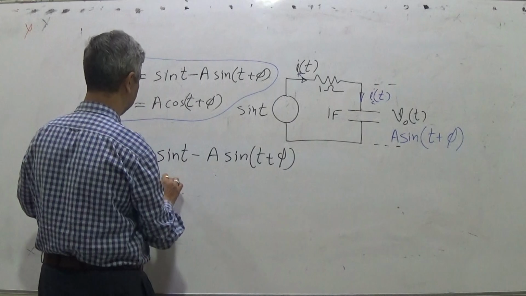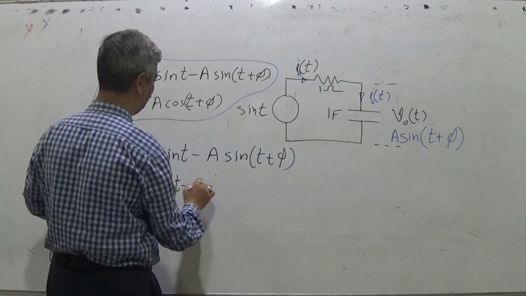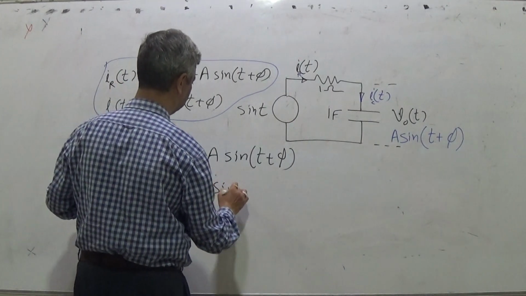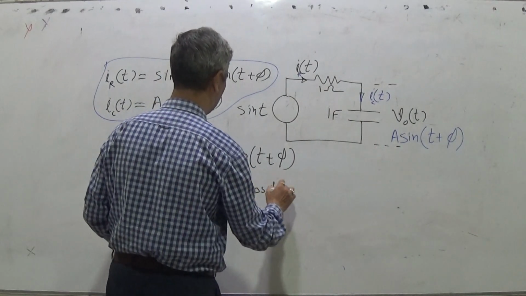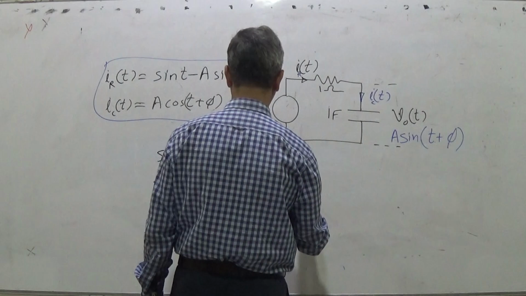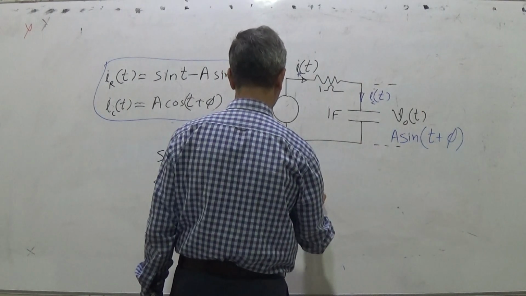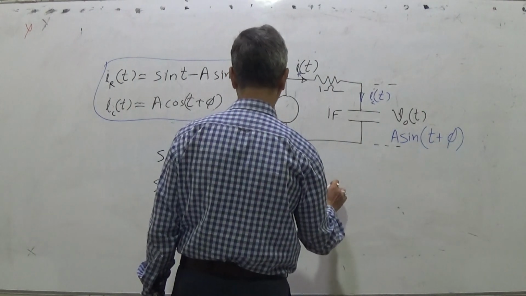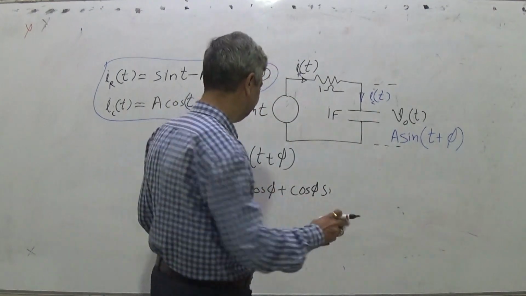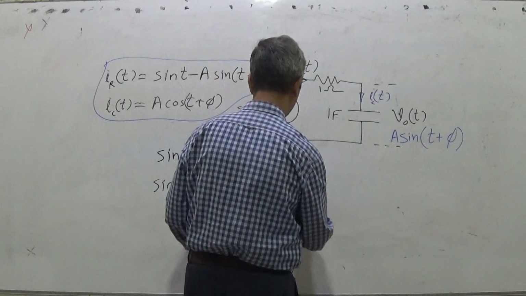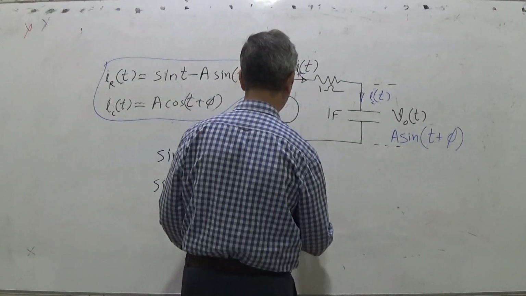So I rework again: sine t minus a into bracket sine t plus phi. So it is sine t minus a into bracket sine t cos phi plus cos t sine phi. Am I right? You can correct me if I am wrong somewhere.